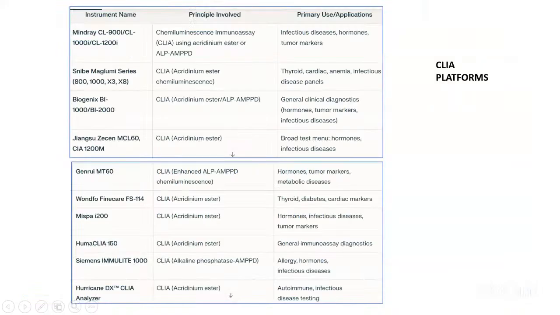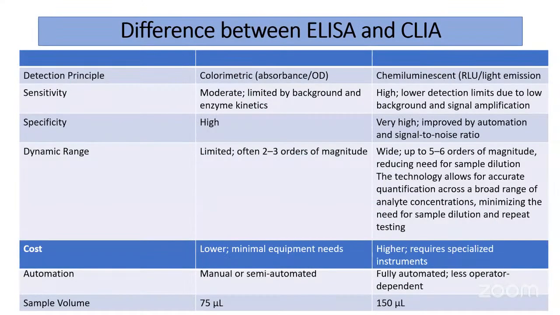So we have different machines and platforms in the CLIA format. But the main thing over here, at the end of the day, is the label. We're using either a direct fluorescent label or an enzyme chemistry, either alkaline phosphatase or acridinium ester. The acridinium ester is getting a lot of importance nowadays because it's very sensitive and gives a good and specific reaction.